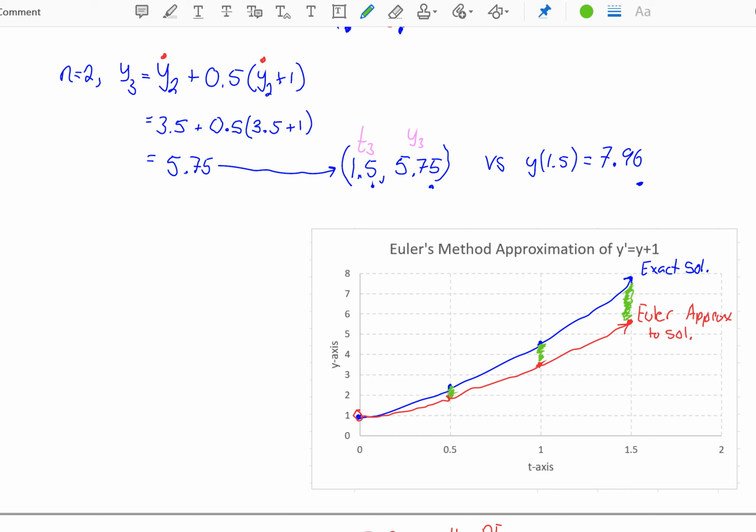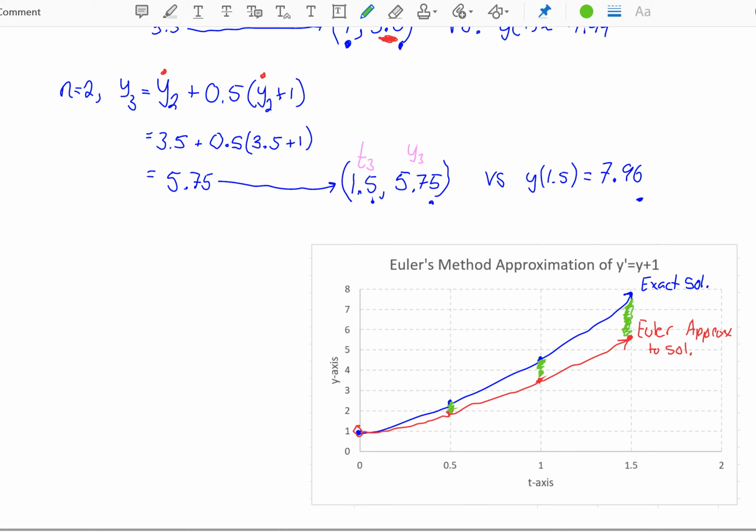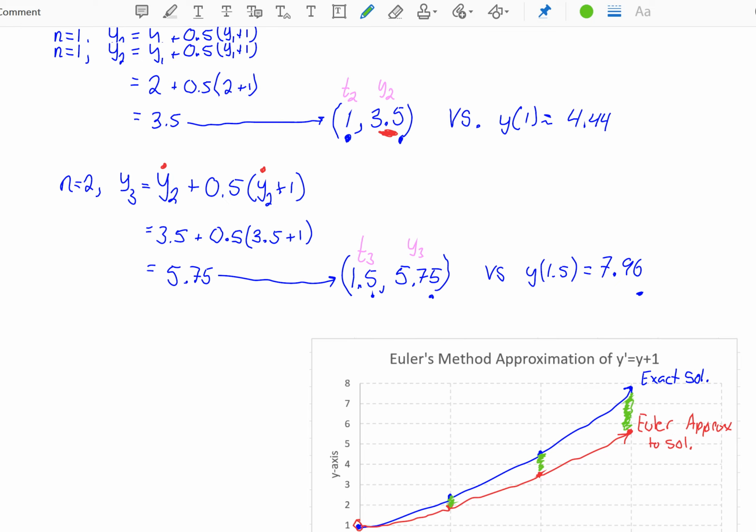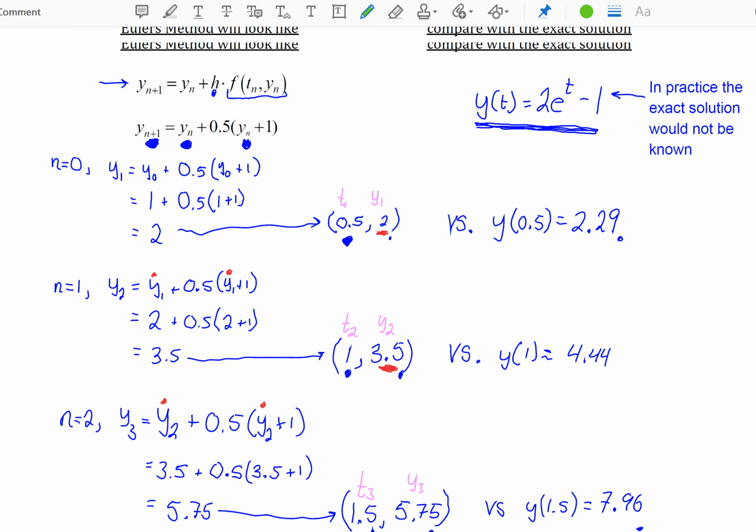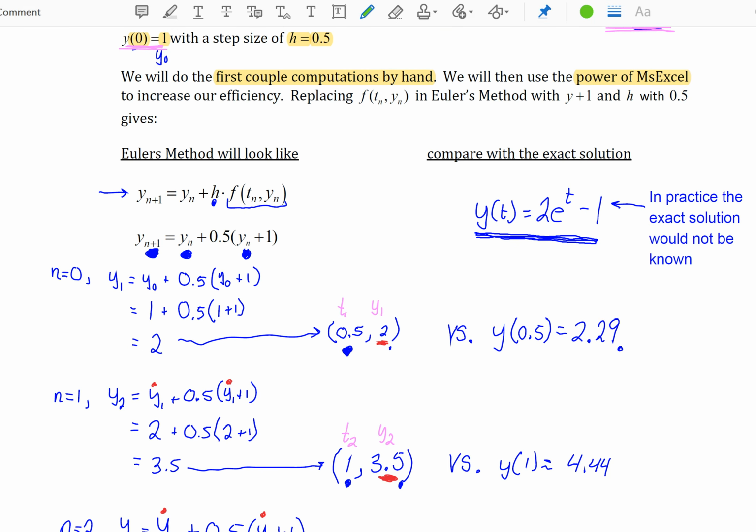Now, as we've done these first 3 iterations by hand, we should acknowledge that there is a fair amount of work here. And in practice, nobody does this by hand. So what I would like to do is now talk about how we might use the power of Microsoft Excel to increase our efficiency in numerical computations of solutions to differential equations.